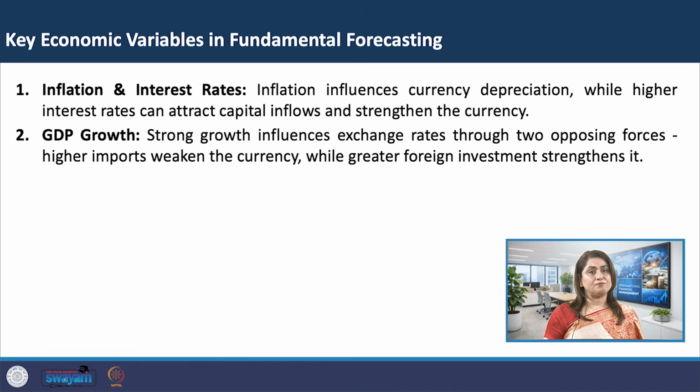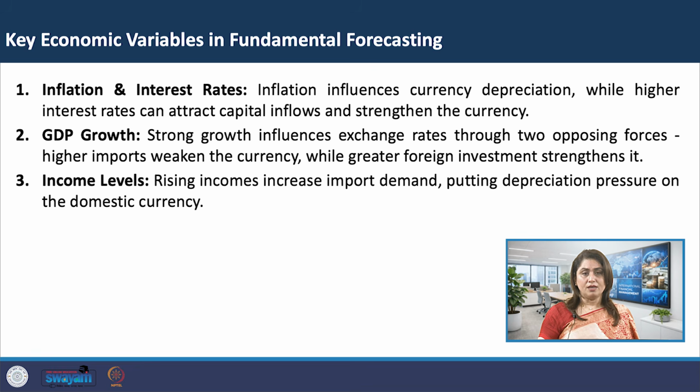The net effect depends on which force dominates. The third variable is income levels. Rising incomes, as we discussed, increase import demand, and higher imports mean more demand for foreign currencies and more supply of the domestic currency in the forex market. This tends to weaken the currency.